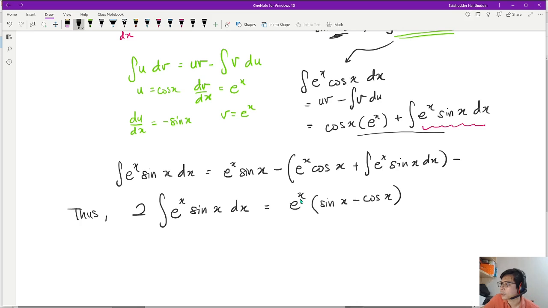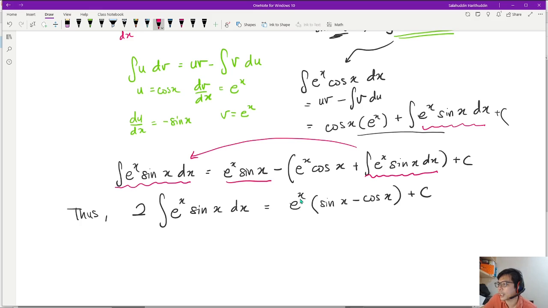Oops, I forgot to put c here. Okay, c. So do you see what I'm doing? I'm just bringing this here and then combine it with this. So it becomes 2 of that equals to this minus this, and plus the constant.